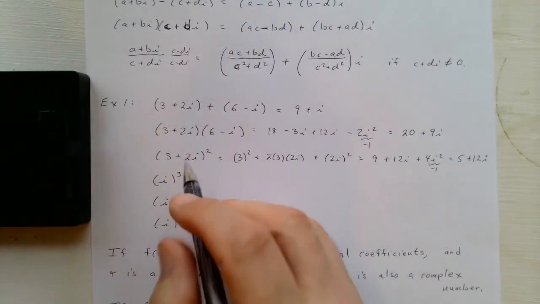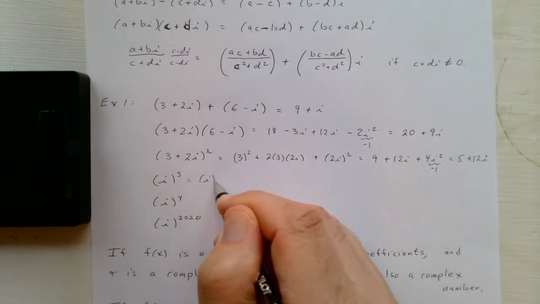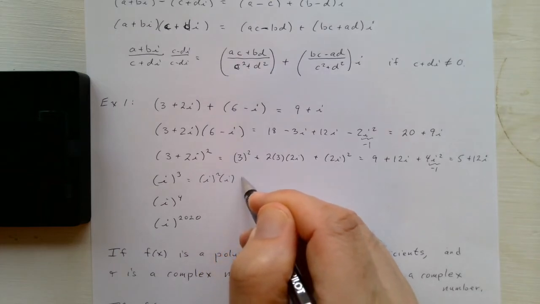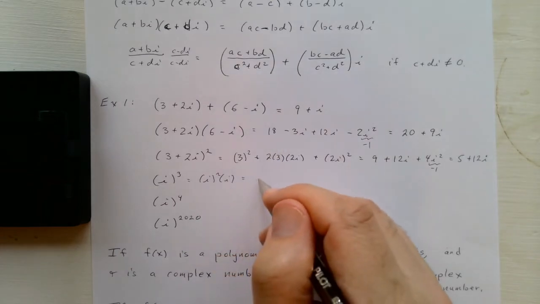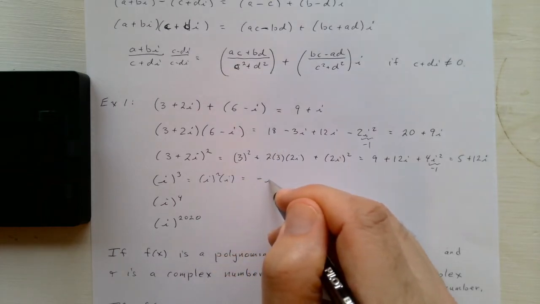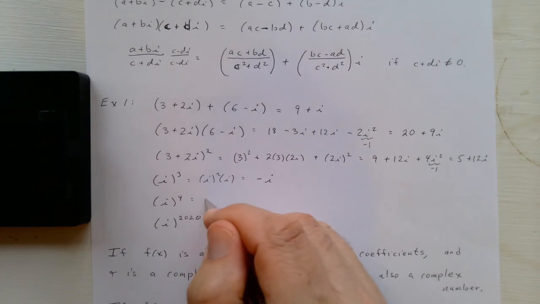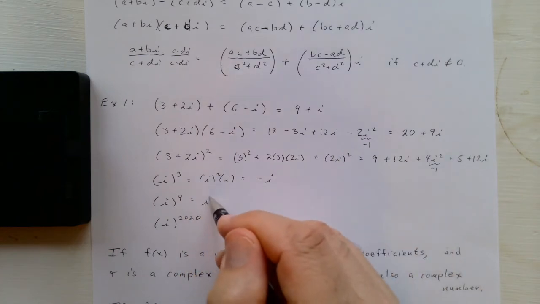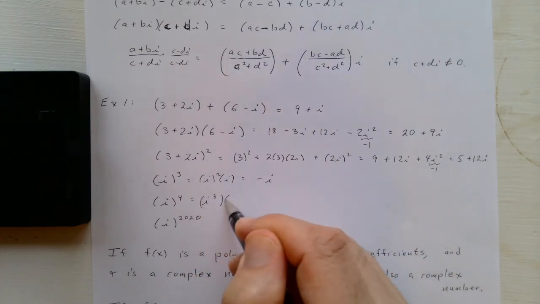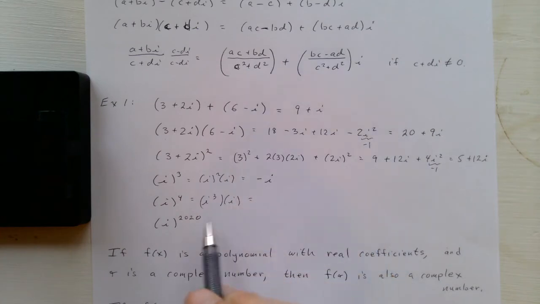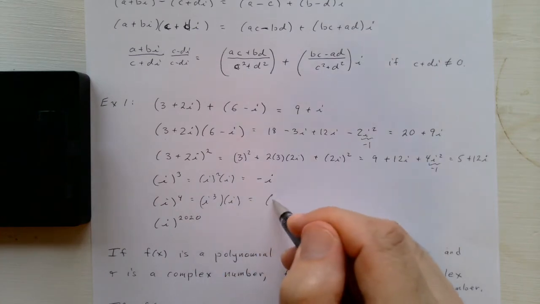i cubed is the same thing as i squared times i. i squared is -1, so this is -1 times i, or just minus i. i to the 4th will be i cubed times i. We just found that i cubed is minus i.